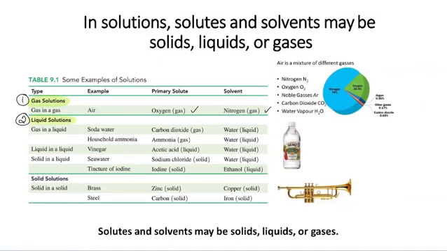Now, for a liquid in a liquid, an example is vinegar, because vinegar has a compound called acetic acid, and when it's placed in water, okay, that's what makes that solution. If you have any alcoholic beverage, vodka, tequila, all of those are going to be homogeneous mixtures.